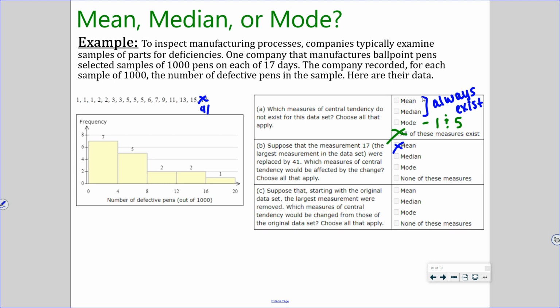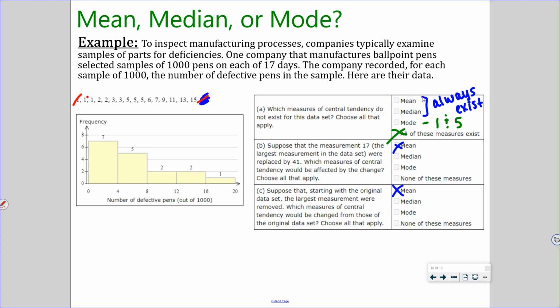Suppose that, starting with the original data set, the largest measurement was removed. Okay, so we're just getting rid of this one altogether. Which measures of central tendency would be changed? Well, definitely the mean. Would the median change? It kind of depends on my list here.